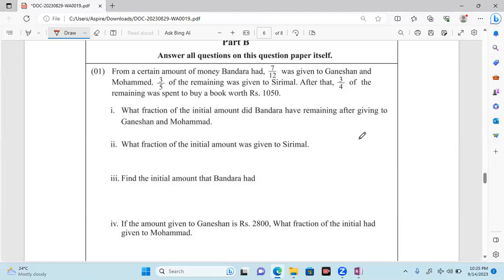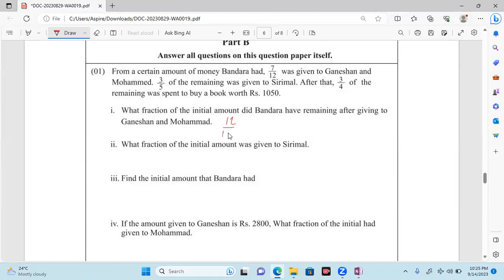After giving to Ganeshan and Mohammed, they asked what is the amount remaining with Bandara. Then first of all, we have to check. Yes, sorry, it is 12 over 12.